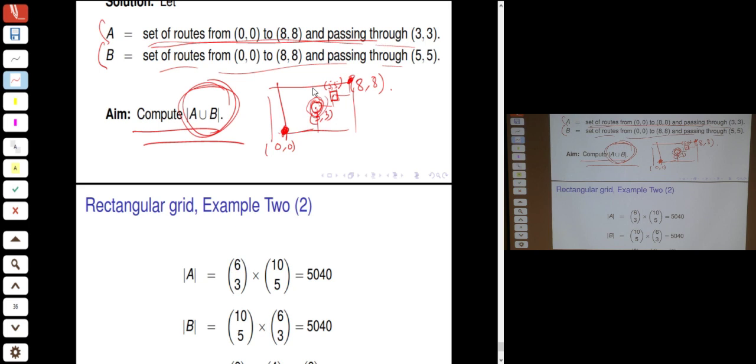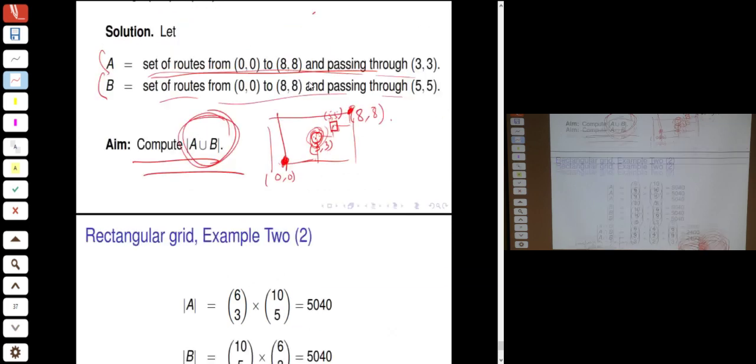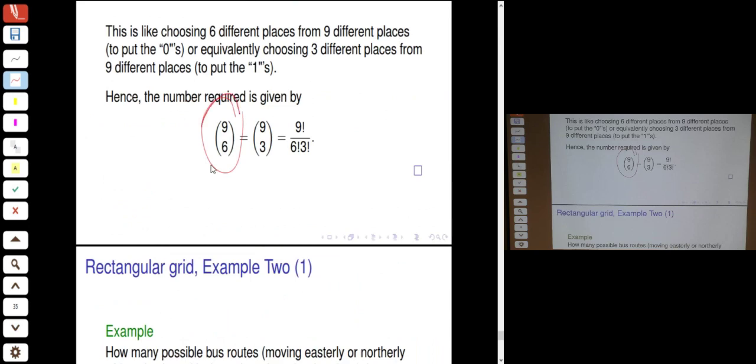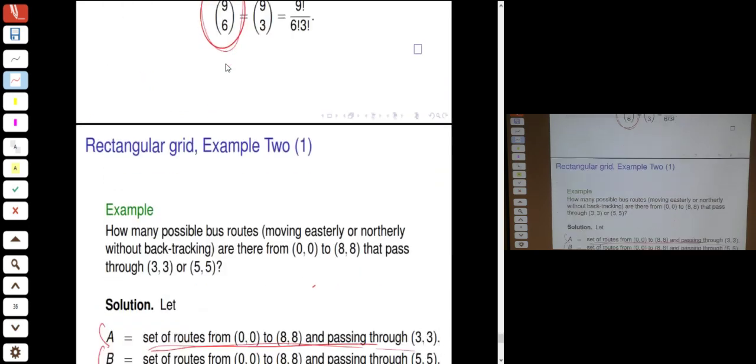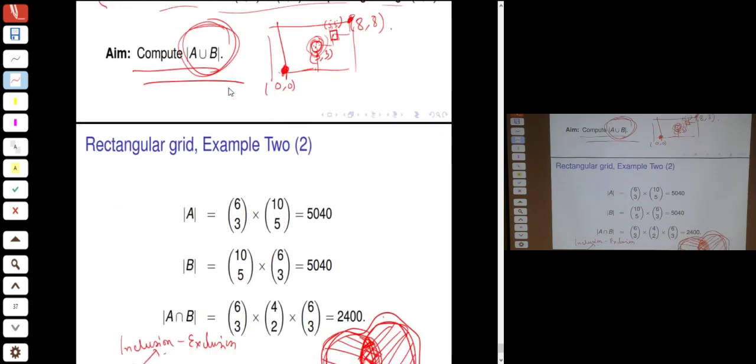Well, if you want to pass through (3,3), you have to first go from (0,0) to (3,3), and then go from (3,3) to (8,8). Okay? So using the logic of the previous example, you take the total distance, and choose the number of horizontal steps. So the total distance from (0,0) to (3,3) is 3 plus 3, which is 6. And the number of horizontal steps has to be 3. So it should be 6 choose 3.